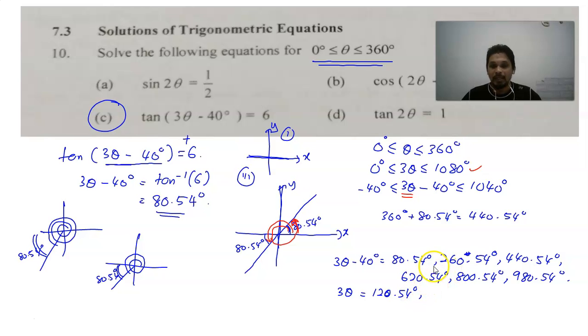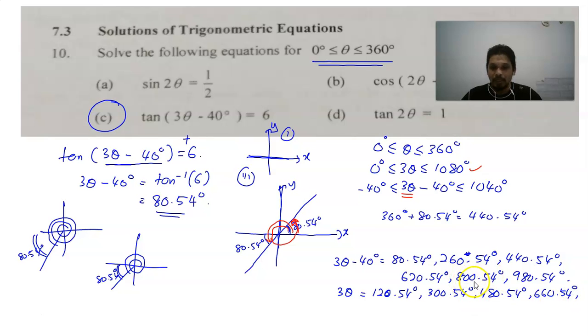And then 260 plus with 40, 300.54 degree. 440 plus with 40, 480.54 degree. 620.54 plus with 40, 660.54 degree.